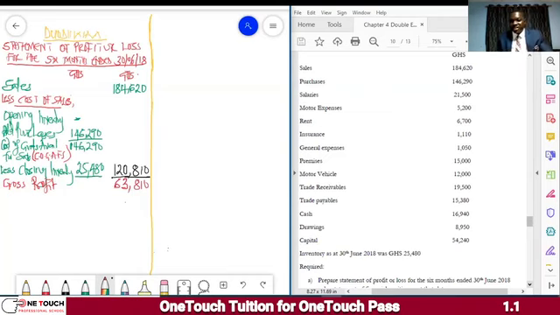It's just from our trading activities. So we less our operating expenses.